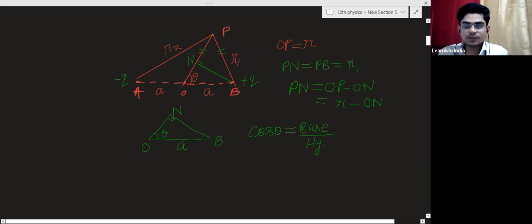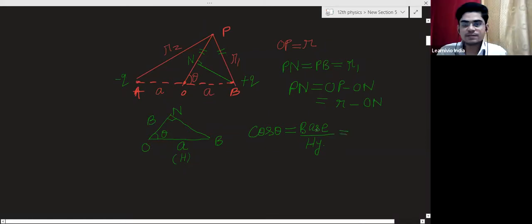Please remember one thing: opposite to the 90-degree angle there is always the hypotenuse, and the side with which the angle is making is the base.